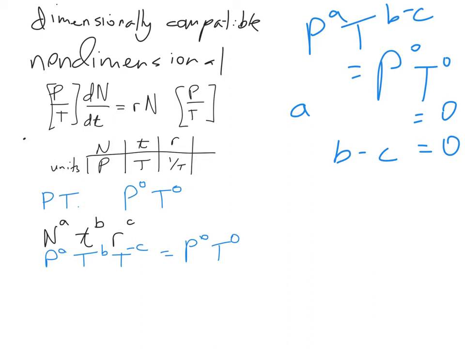And then it's pretty clear what to do with this b minus c equals 0. That's saying that b equals c, so RT is dimensionless.